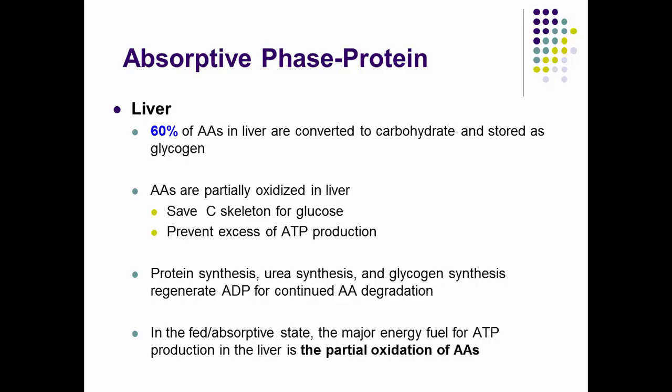Remember, when we talked about glucose metabolism, part of the glucose stored as glycogen actually comes from amino acids. So 60% of amino acids that enter the liver are converted to glucose and stored as glycogen in the liver.